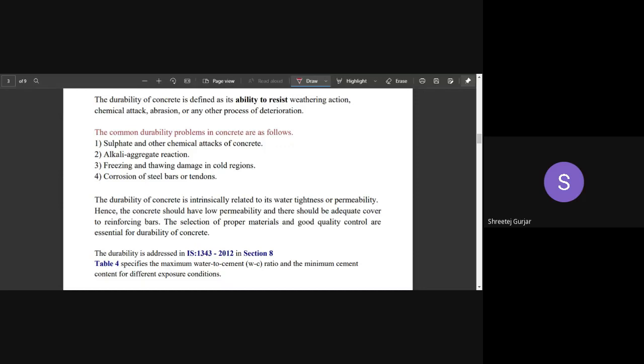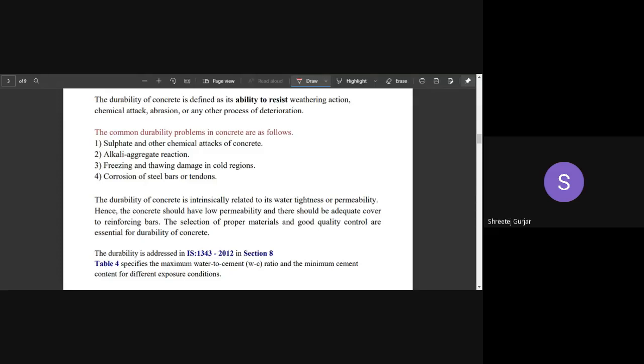Then coming to our next point, the selection of proper materials and good quality control are essential for durability of concrete. So not only providing your proper cover, but the selection of materials and quality control on your site are important for durability of concrete. So you should use proper materials based on your environmental conditions.